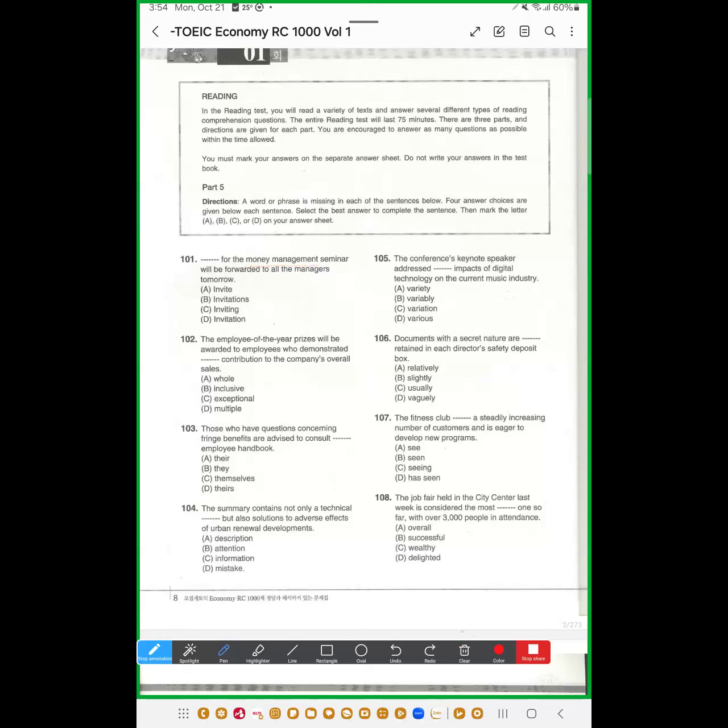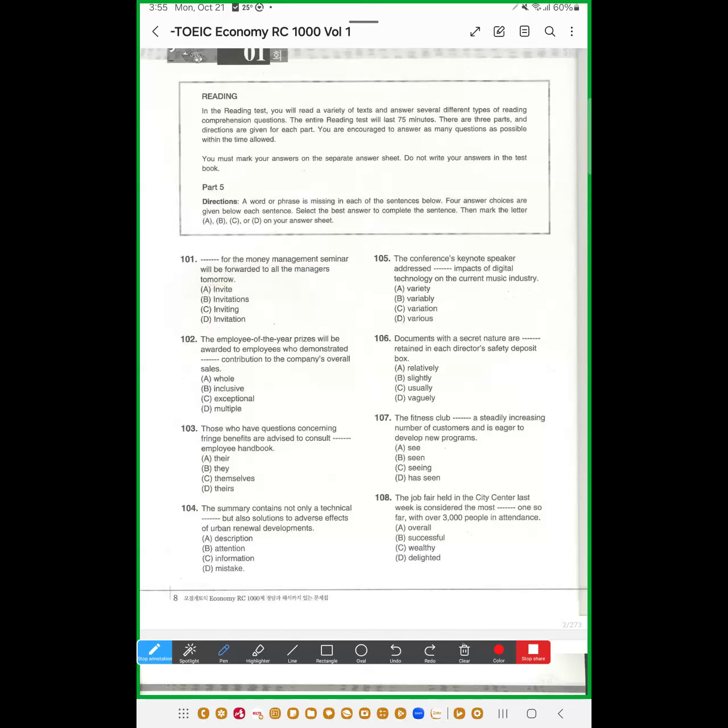And please remember, guys, if you study, you need to make a situation based on whatever you have learned. Money management seminar will be forwarded to all the managers tomorrow. Forwarded, delivered to. That is that.